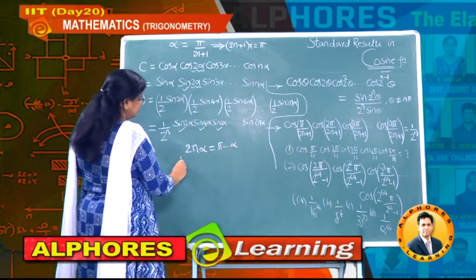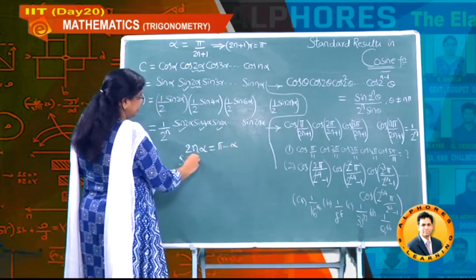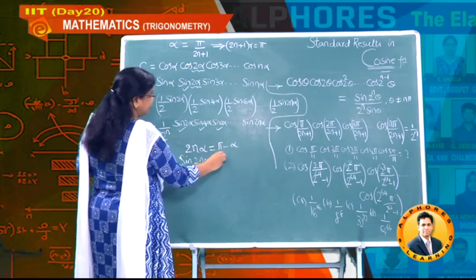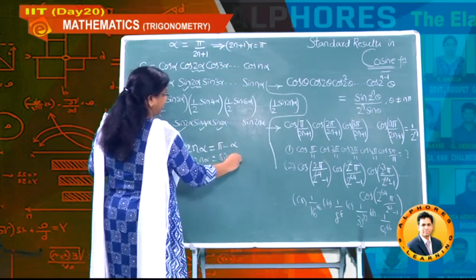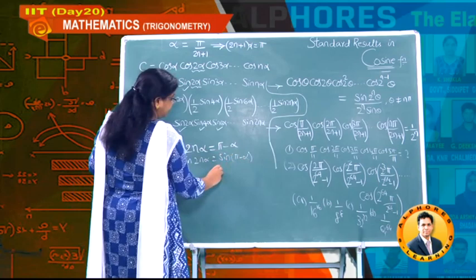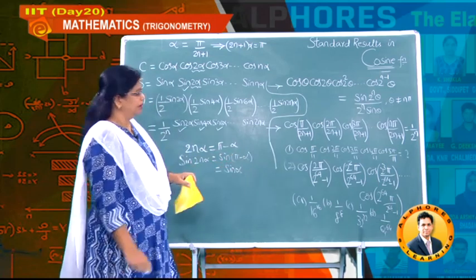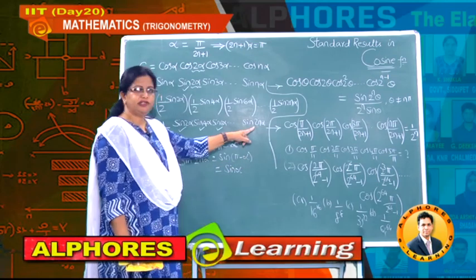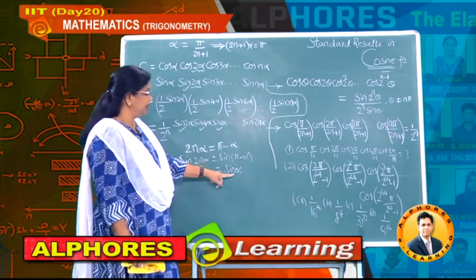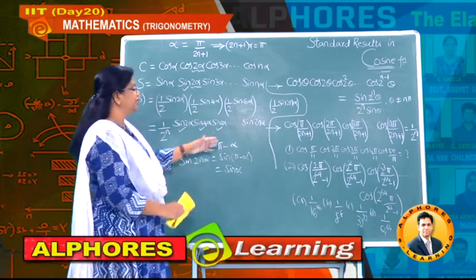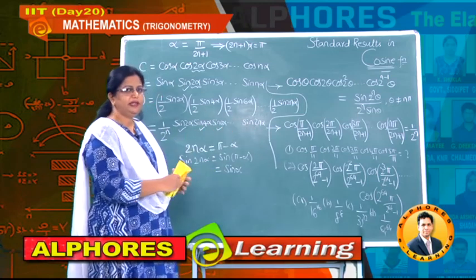Therefore sin 2n alpha is equal to sin of pi minus alpha, and sin of pi minus alpha, you know, is nothing but sin alpha. That means the last term, students, you got sin alpha.